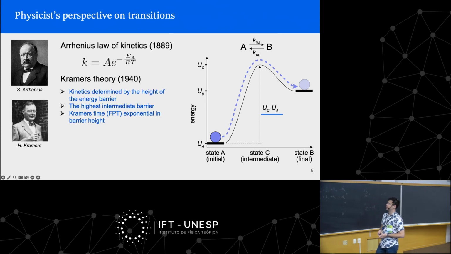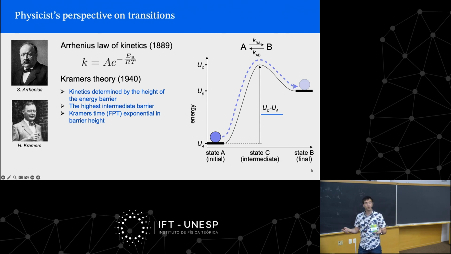The Dutch physicist Hans Kramers showed from first principles that this was actually true. And in fact, if you take the inverse of this relationship, 1/k is the typical time it takes to go from A to B, and this is called the Kramers time. And this is exponential of plus the energy height, right? So this is the time scale we're talking about.